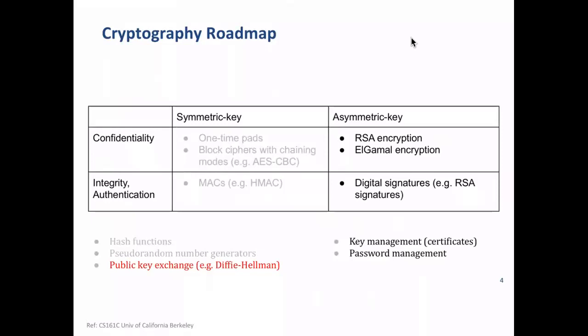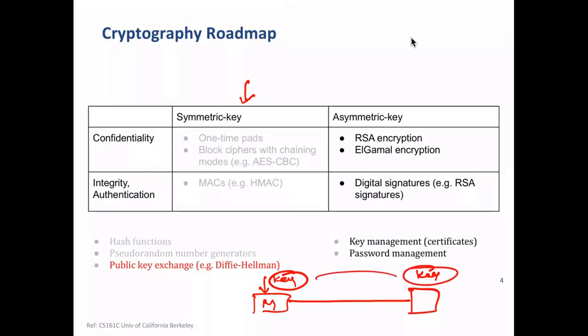So far we have discussed symmetric key, and we understand the concept that we use the same shared key for encryption and decryption. Message M is encrypted using the shared secret key, which we also call a session key, the key used by both Alice and Bob, or two people or two entities.